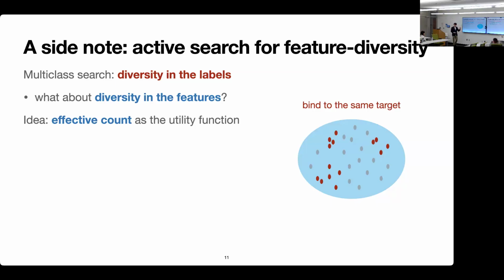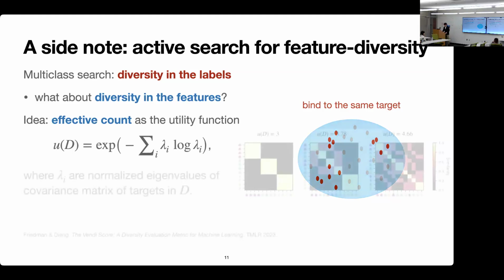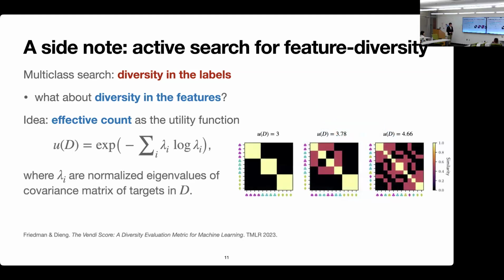Or this effective count will return a high number if the data points are very different from one another. So you want to find a way to account for the similarity of the different data points, similarity in the feature space. So one idea is this particular function called the Vendi score, which has its roots in ecology.